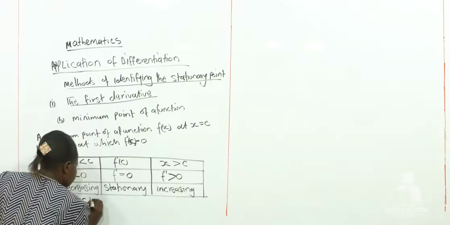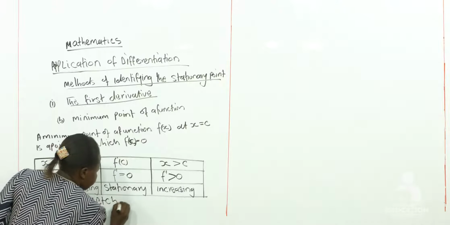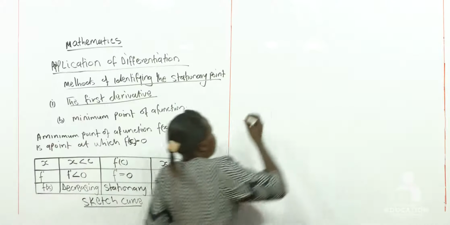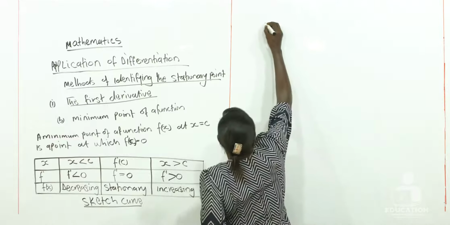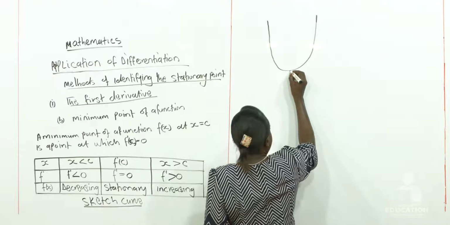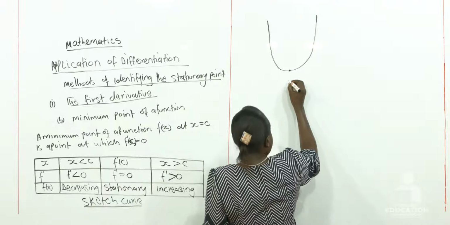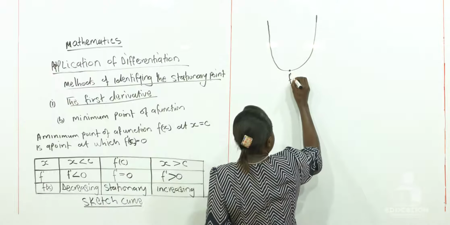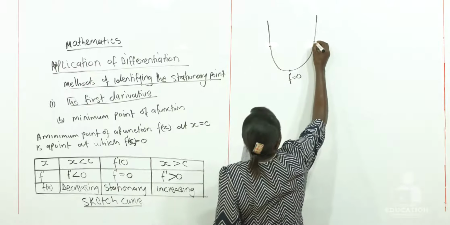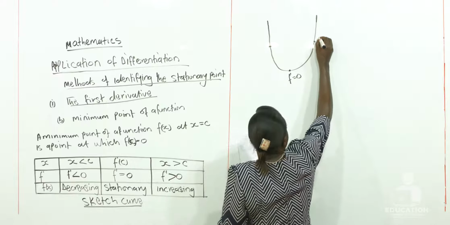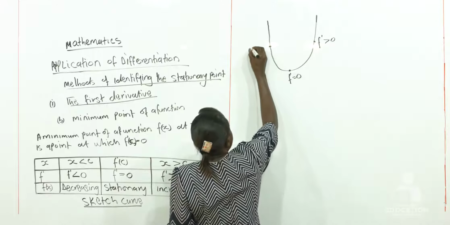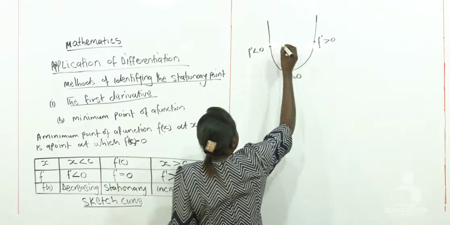And then we have a sketch curve. Our sketch curve here will have this part as our stationary point, where the gradient equals 0, and here the gradient is less than 0, and here the gradient is greater than 0.